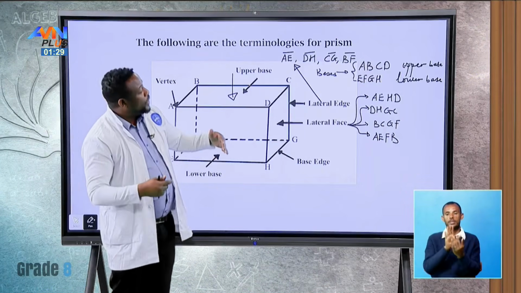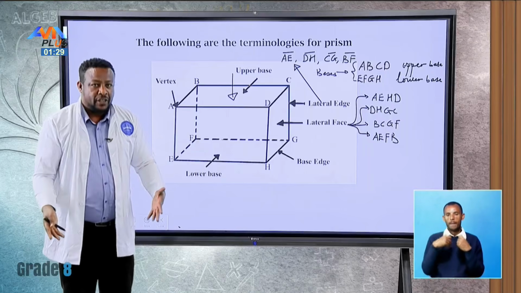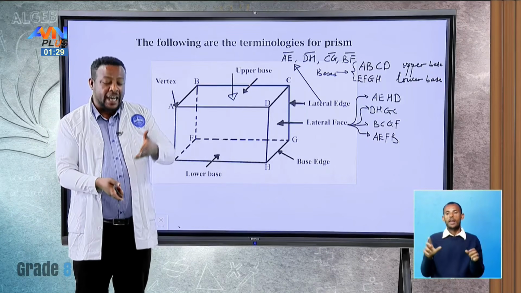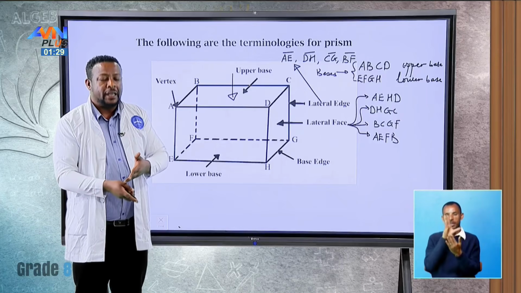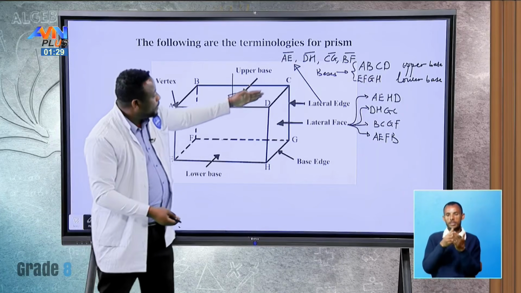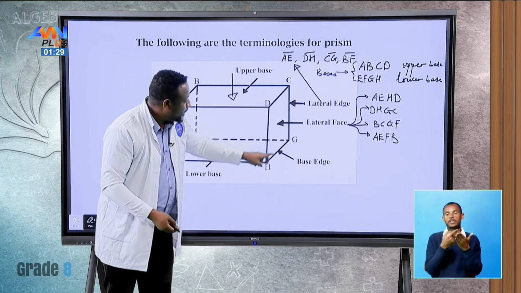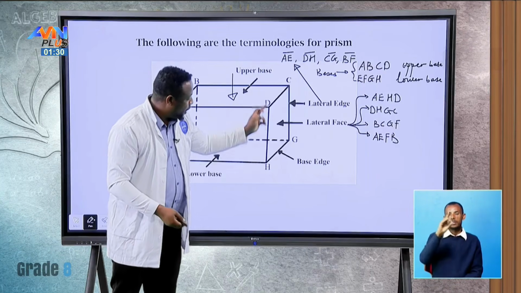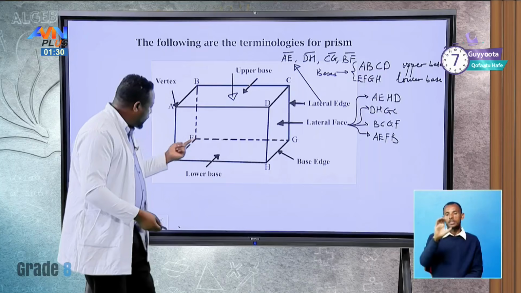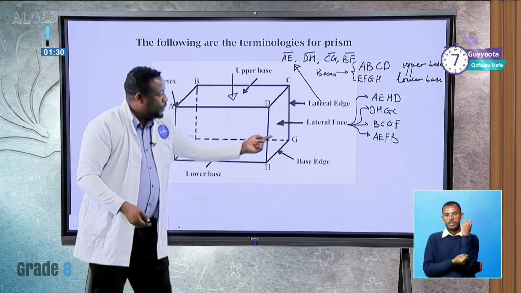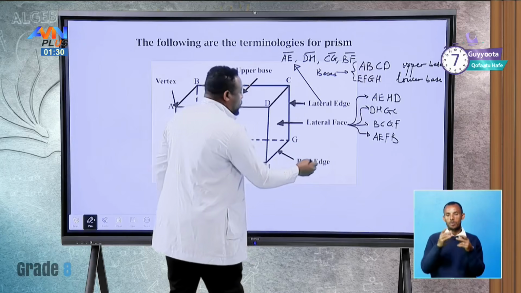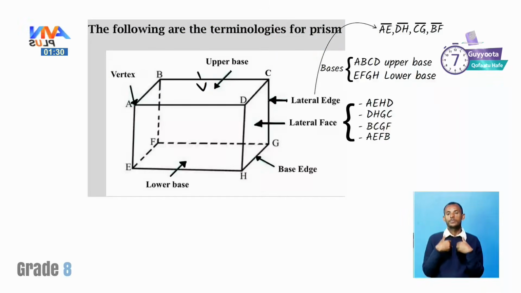We do have also base edges. Base edges are line segments formed by the lateral face and the base itself. For example, this segment is the intersection of this face, DHGC, and the base EFGH. So we do have around eight base edges.